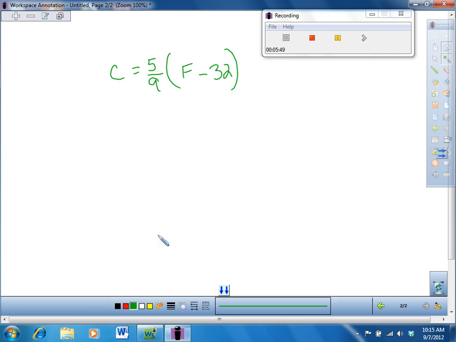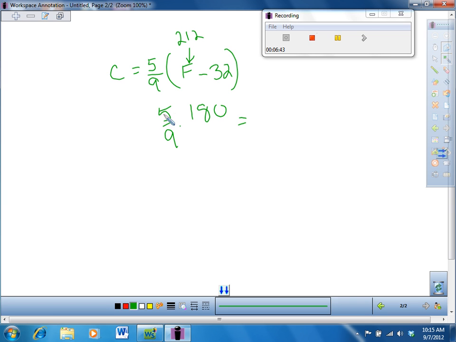Okay? So for instance, anyone know what 212 degrees Fahrenheit is? What's special about that? Boiling point, right? So if I take 212, subtract 32, I get 180. And if I multiply that by 5/9, 9 goes into 180 how many times? 20.